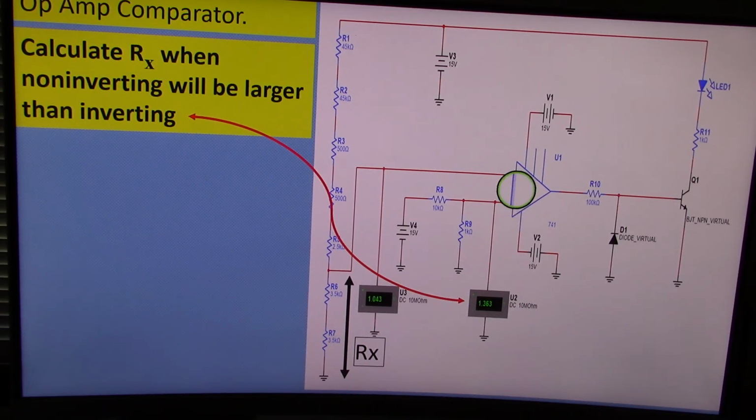So the inverting input is greater, so the output becomes the negative supply, I'm sorry, negative 15 volts. It doesn't say that here, by the way, but if you just look at the battery, you can tell which one is negative. So I'll have negative 15 volts.